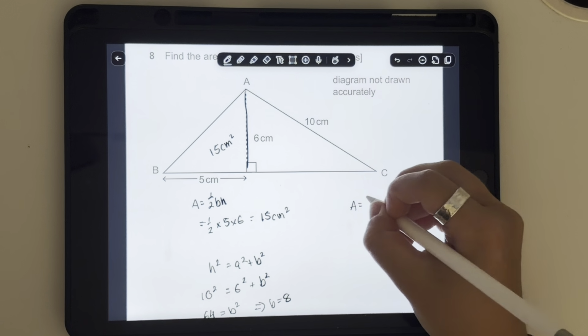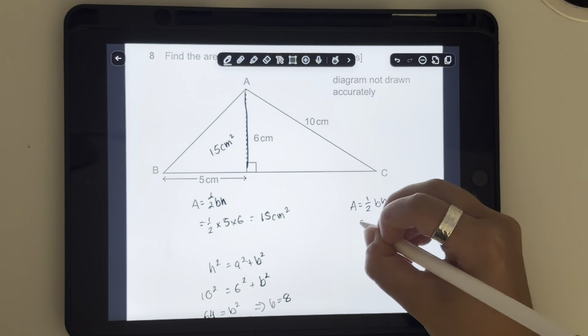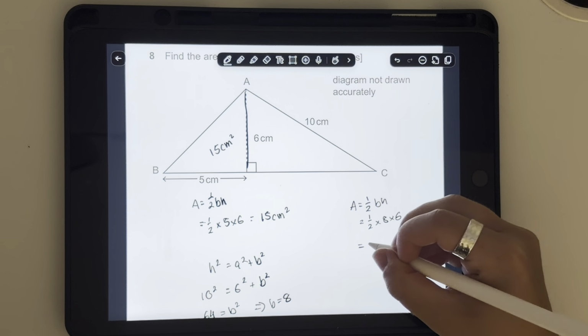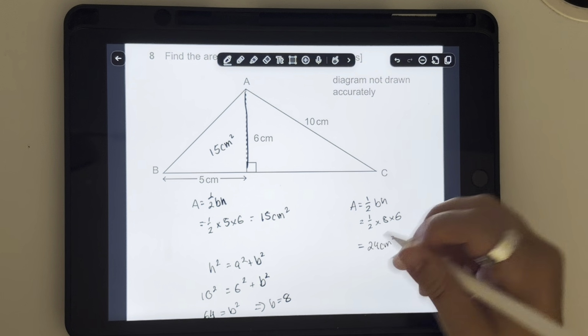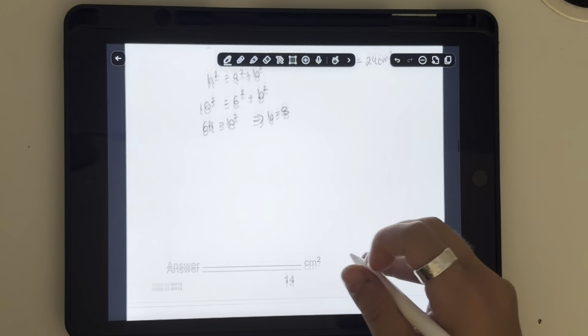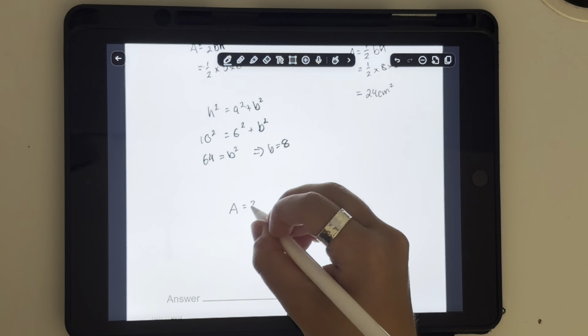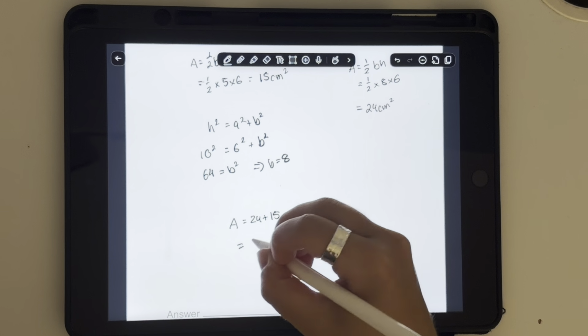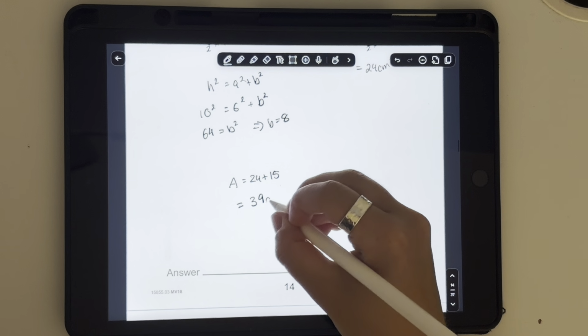Which means that we can then do this. So the total area, 24 plus 15, which is 39 centimeters.